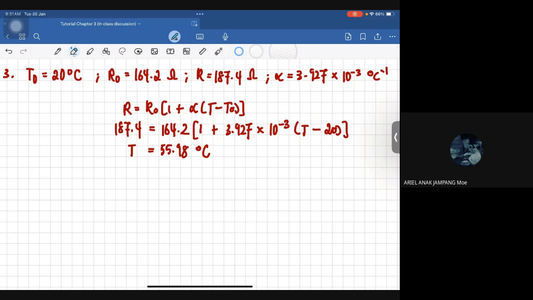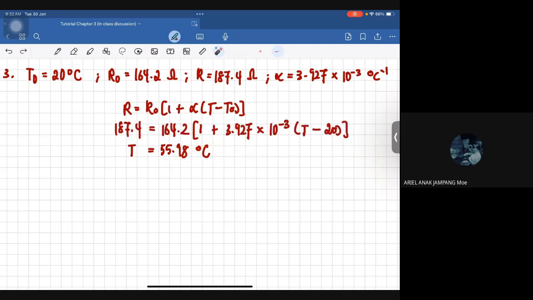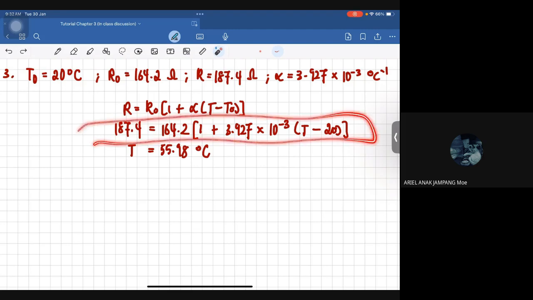If you directly write the answer like this, you will not get the substitution mark. You will only get the answer mark, and only if the unit is correct. So always remember to include your substitution, because mostly in chapter 1 that you submitted, many skipped the substitution part. That is not allowed, you must show your solution.